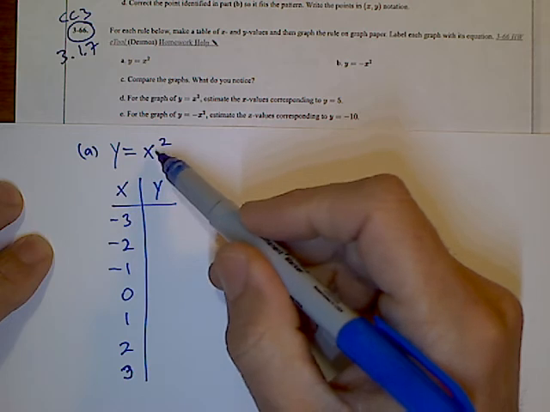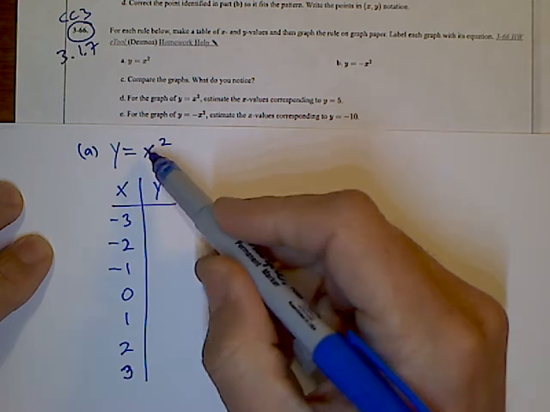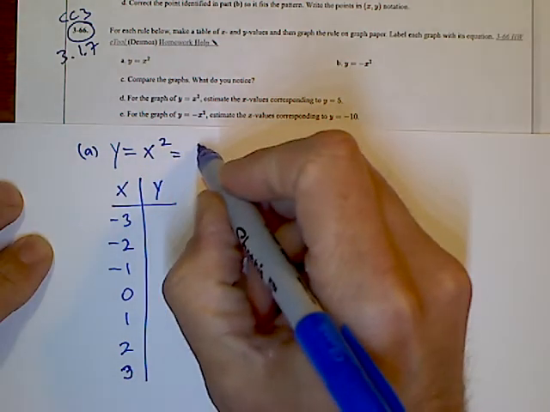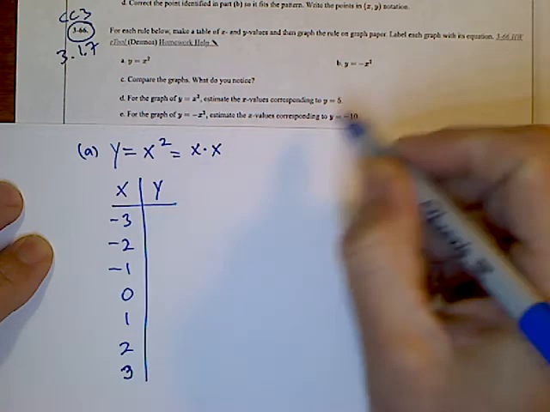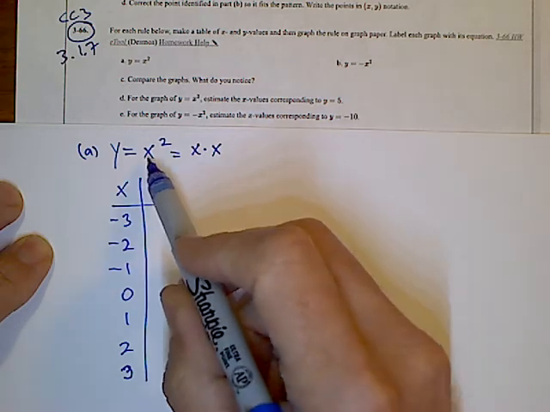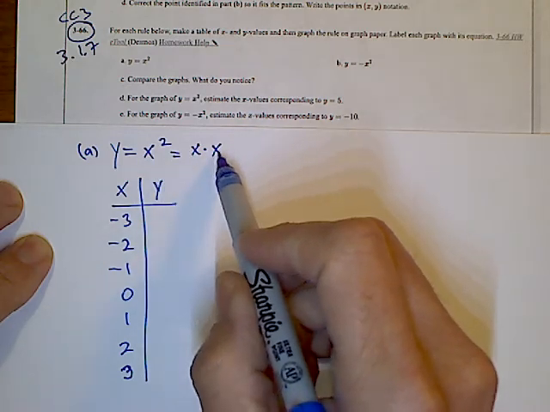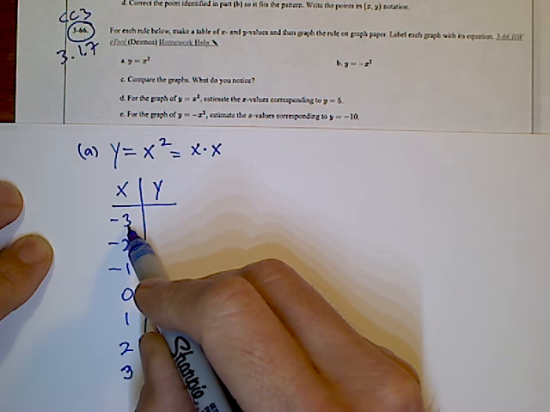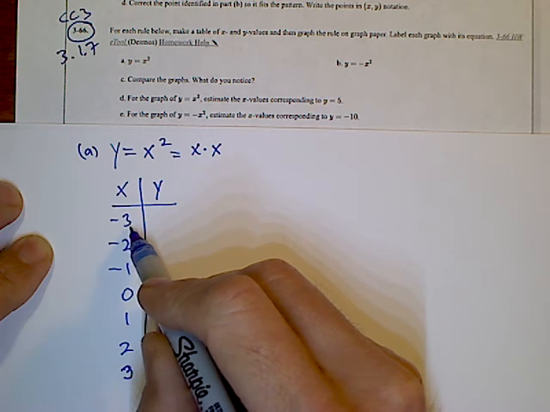When I plug those into x squared, remember x squared simply means it's x times x. You're taking the same number and multiplying by itself twice. So in this case, -3 times -3, right?